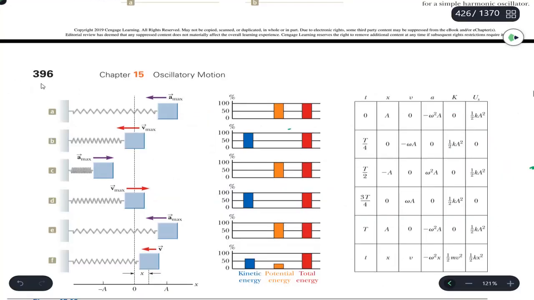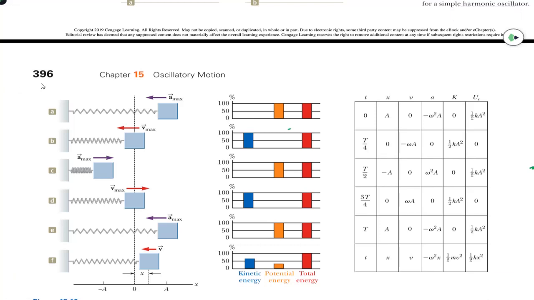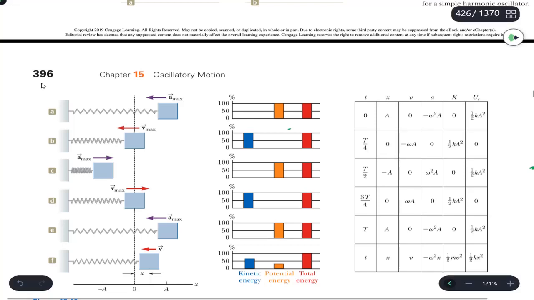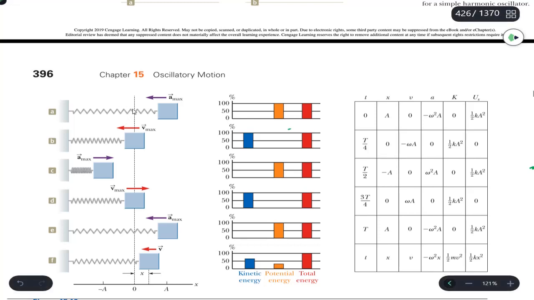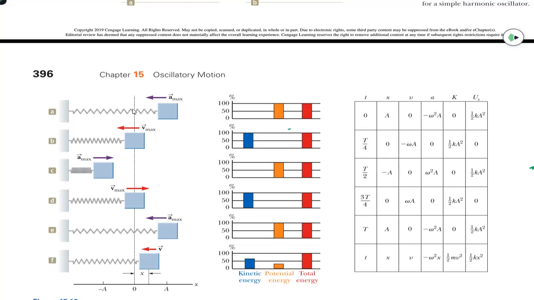Now turn to page 396. We are going to see how the amount of energy changes between these two types of energy. We are talking about 1, kinetic, 2, potential energy belonging to the spring. Here, there is no elevation, so there is no potential energy from gravity.